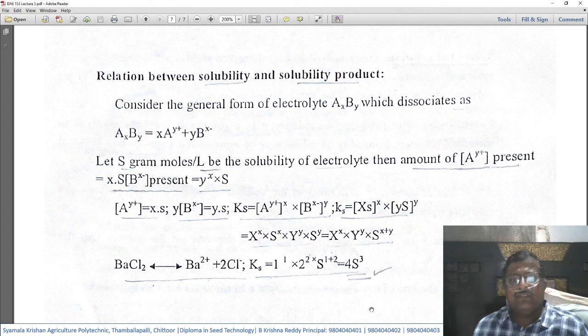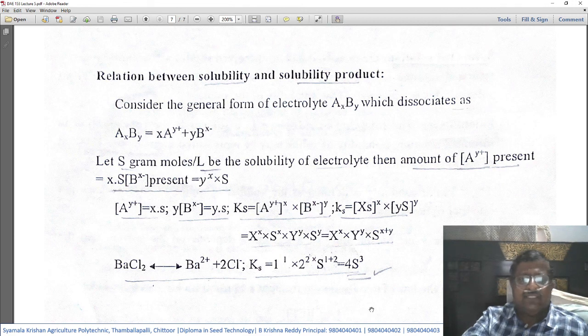So this gives rise to Ksp is equal to (xS)^x into (yS)^y. So finally it becomes x^x into S^x into y^y into S^y, which is equal to x^x y^y into S^(x+y).